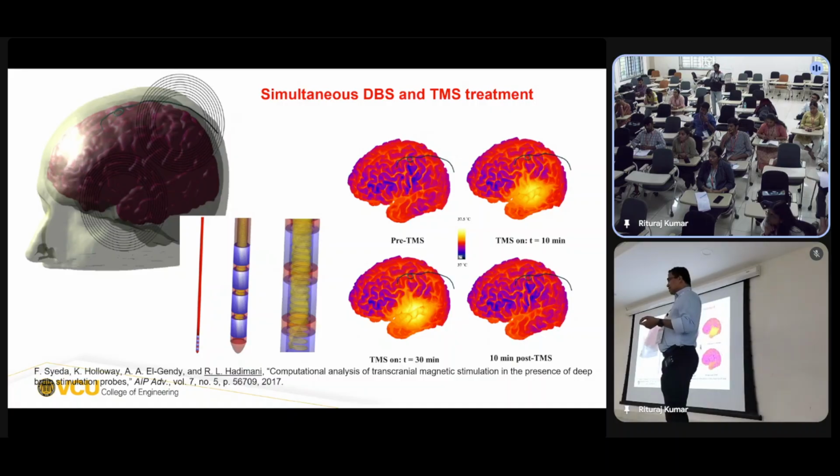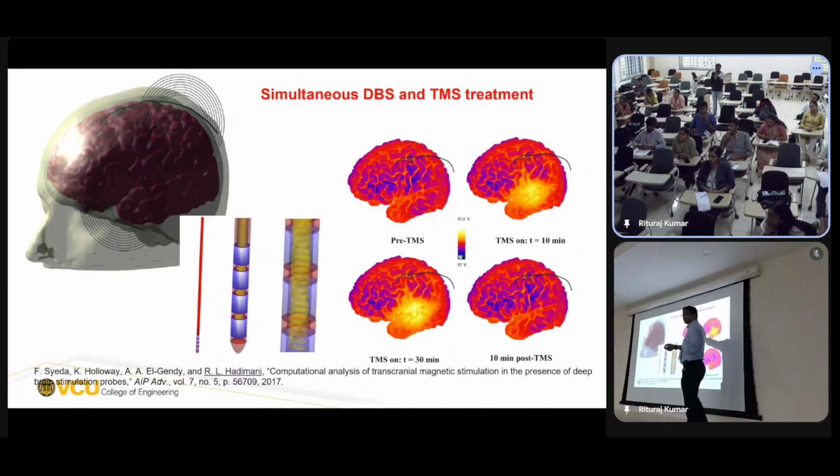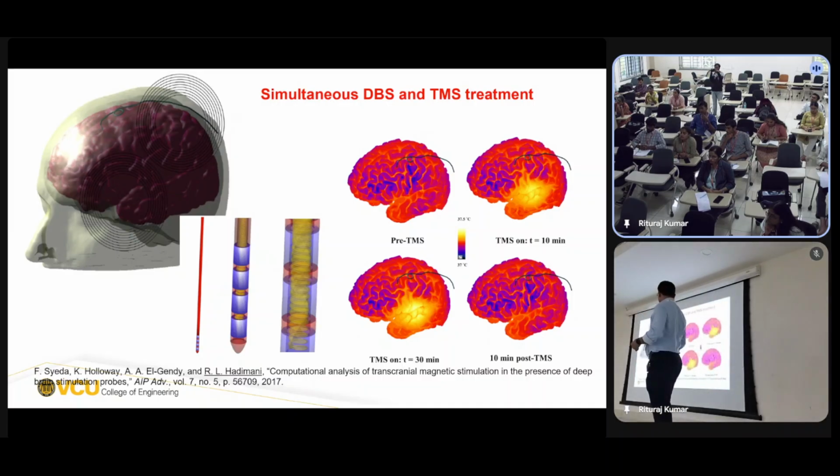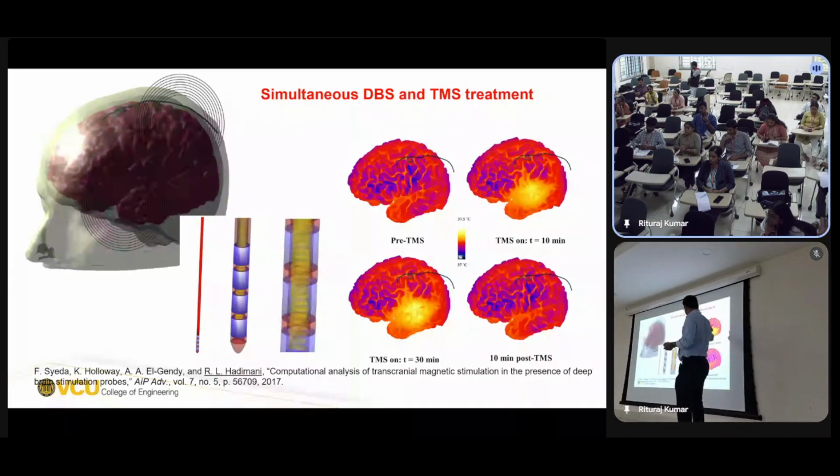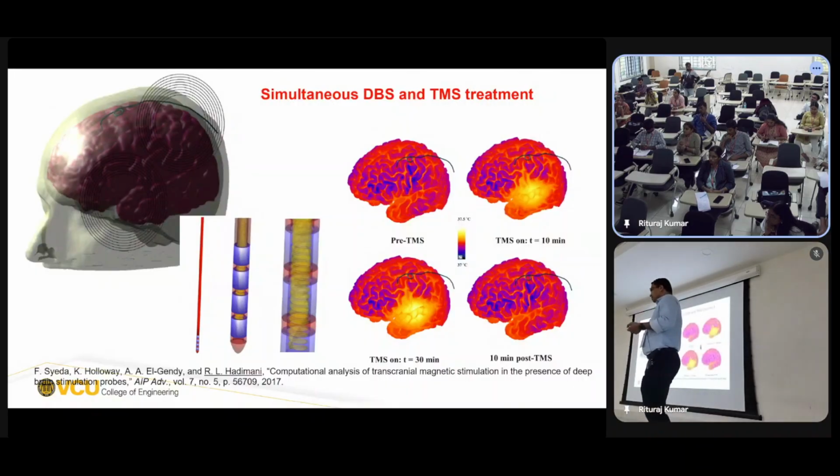So we built a very high resolution model, and then of course we took her patient's MRI, built a head model, and she told us the location of the lead. We put the lead at that location and started placing the TMS coil in different locations to see where it is safe and where it's not safe.